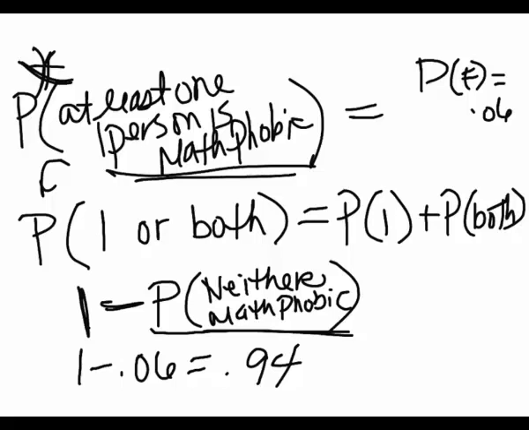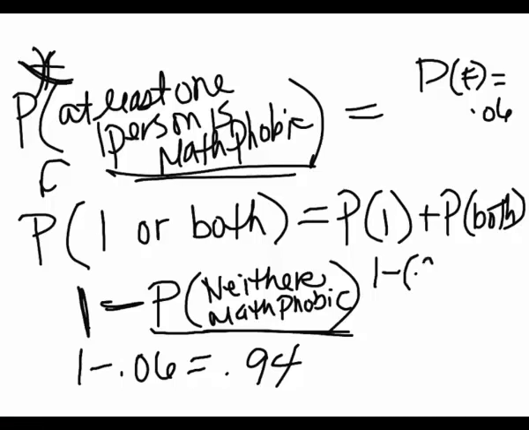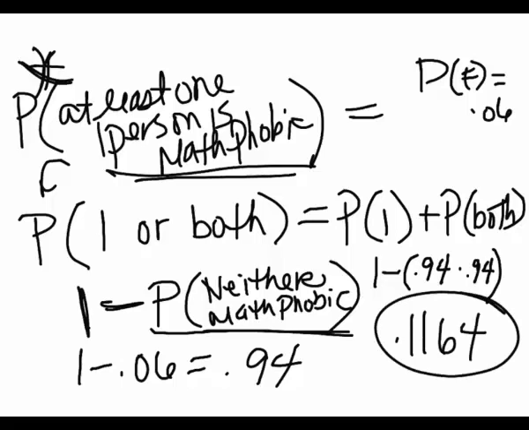I need some space. I have 1 minus one person not being math phobic is 0.94, times another person not being math phobic is 0.94. So if you do 1 minus 0.94 times 0.94, you get 0.1164. This is the probability that at least one person is math phobic.